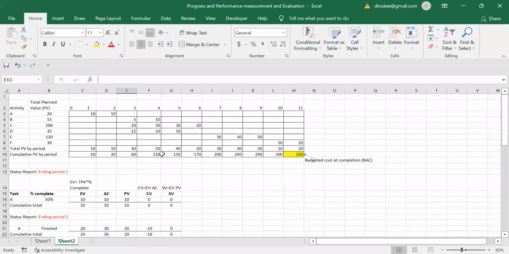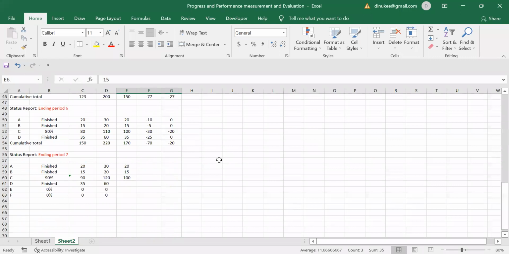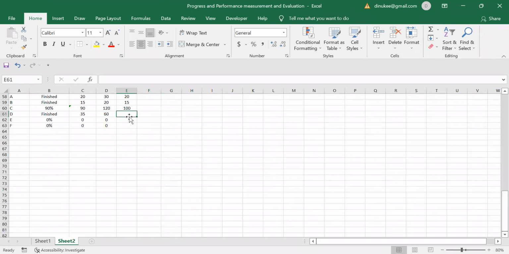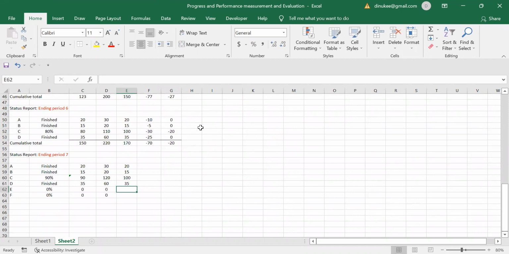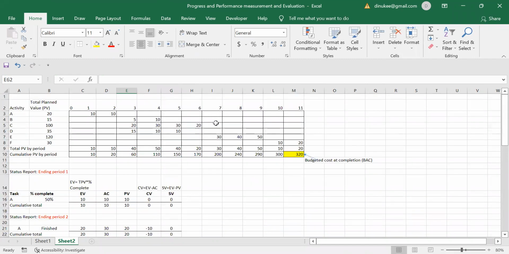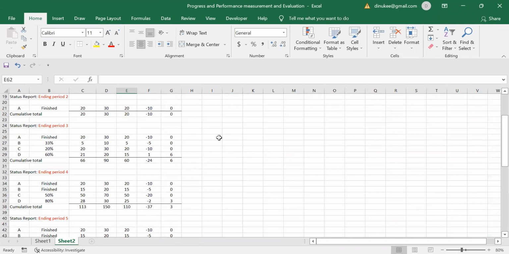For the D, ending period 7, the plan value is how much? Should be 35. For the E, ending period 7, what is the plan value? It is 30.